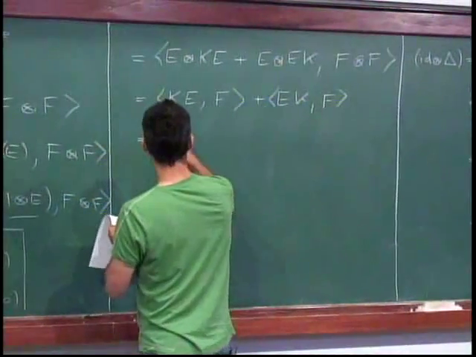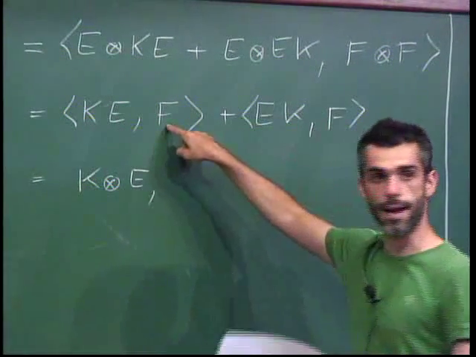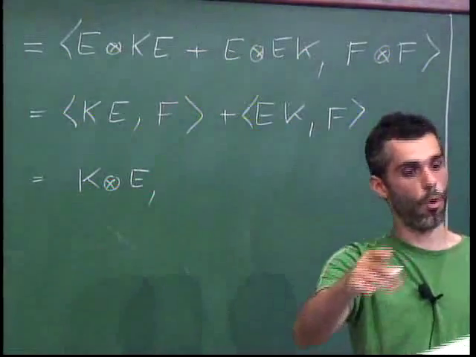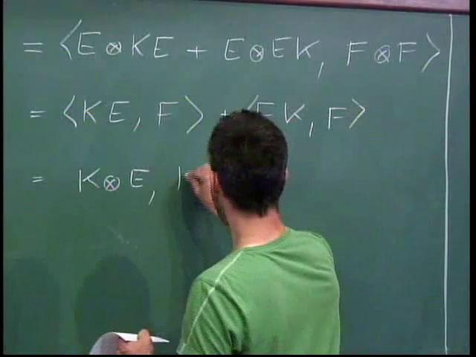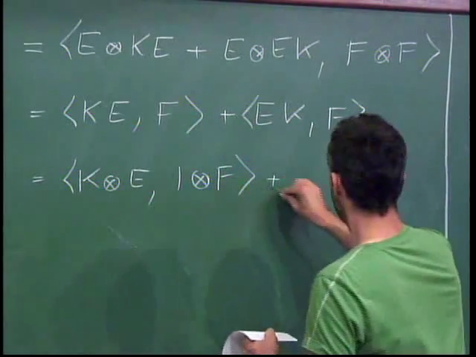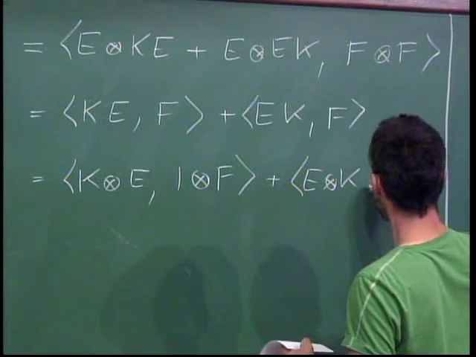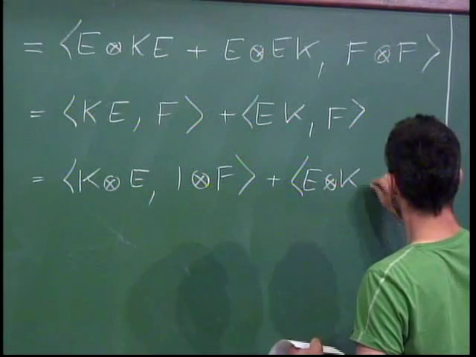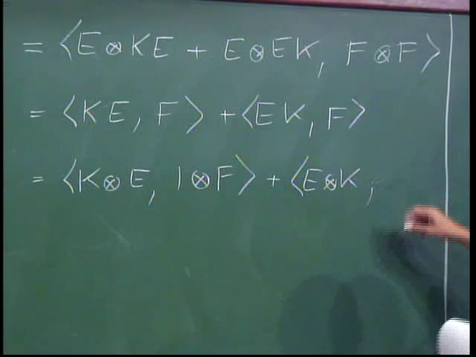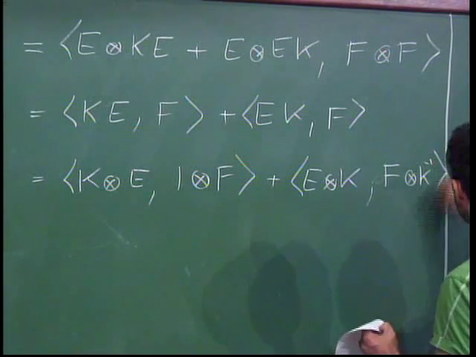So that is going to be K tensor E times the coproduct on F. Well, for degree reasons, I only need to care about one of the terms of the coproduct on F. And the one that I happen to need is 1 tensor F. And here we have E tensor K, and same thing. But now the term that I need is the other term in the coproduct on F, which is F tensor K inverse.